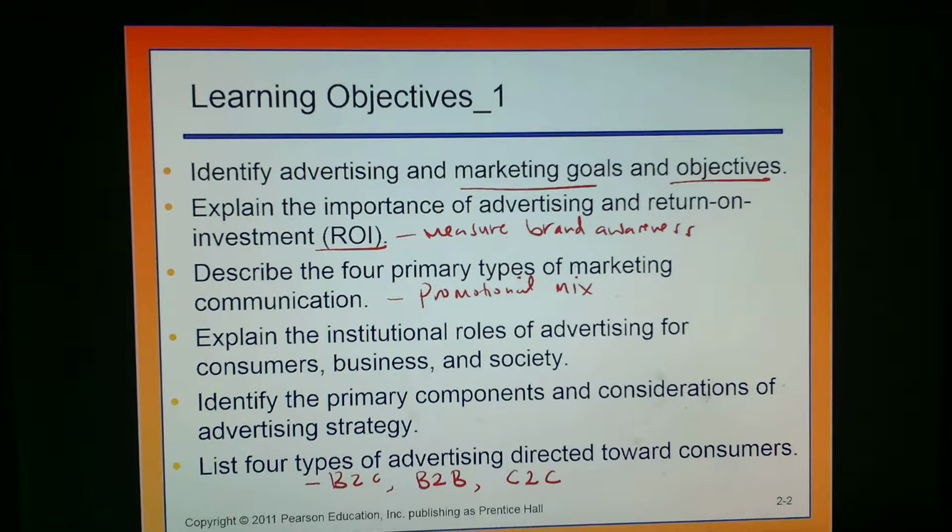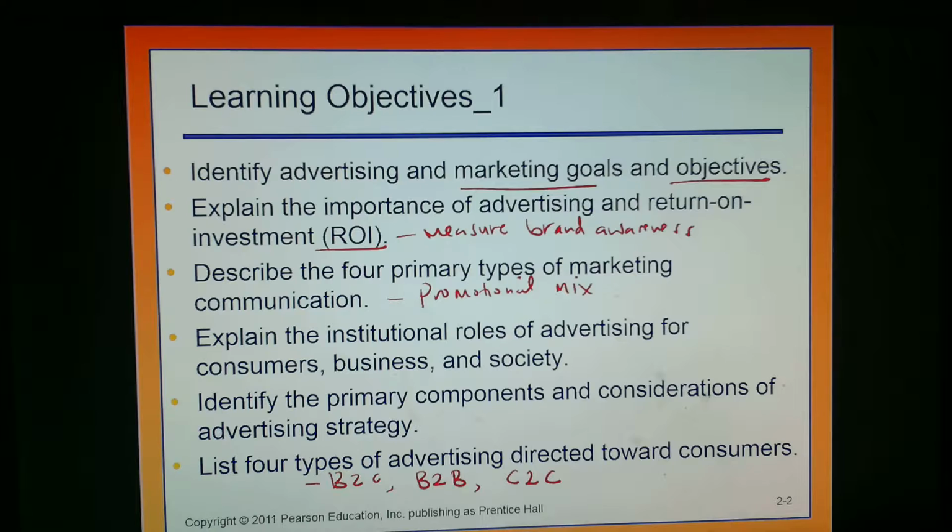And then we're also going to explain the institutional roles of advertising for consumers, for business, and society, and describe the 4 primary types of marketing communication. Therefore, we are going to look at what we call the promotional mix, and how the promotional mix fits into the marketing plan.